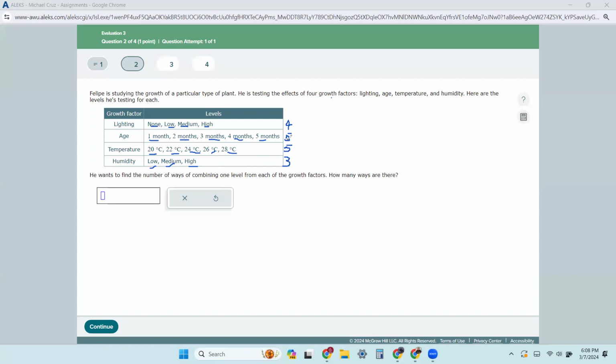All right. So he wants to find the number of ways of combining one level from each of the growth factors. So how many ways are there? I wrote those numbers down for a reason, because we're going to go 4 times 5 times 5 times 3.